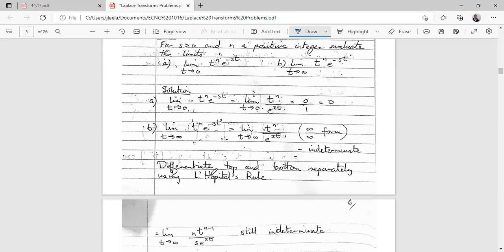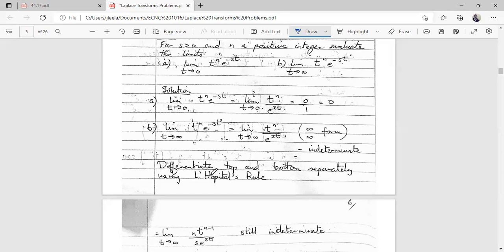The second limit now, let's look at the second limit. So you have the same function here, but you're taking the limit as t approaching infinity this time. So you write the function in a similar way to part A, the limit of t approaching infinity, t to the n over e to the st. But notice, if t approaches infinity, you will get infinity on top.